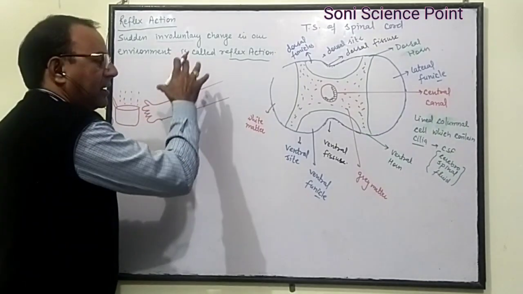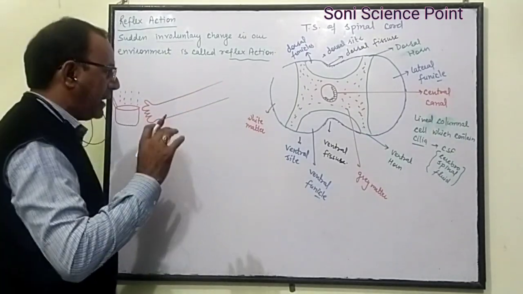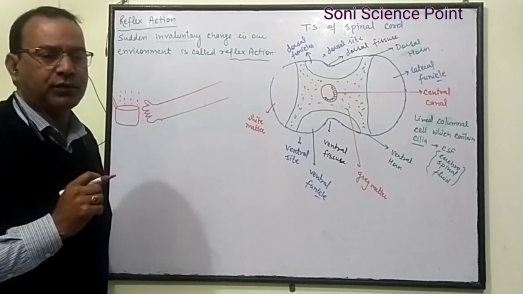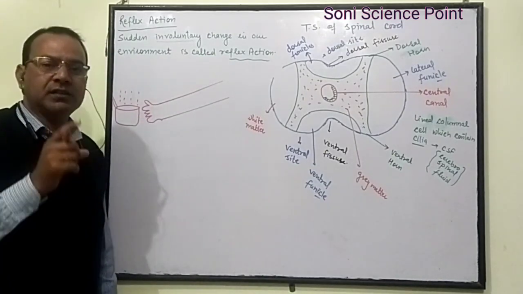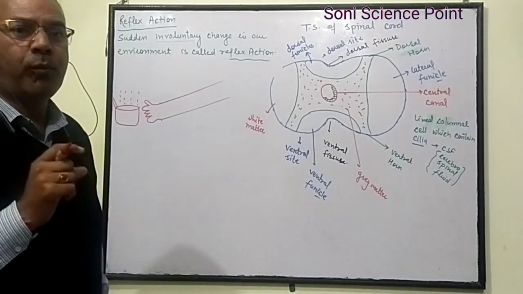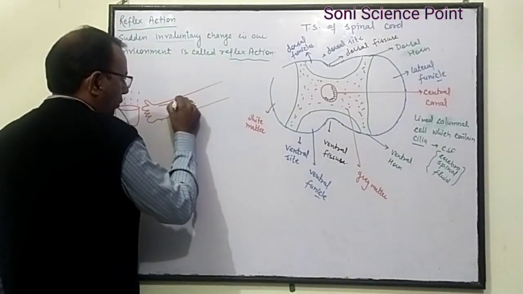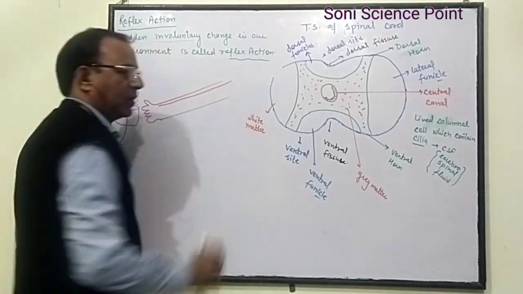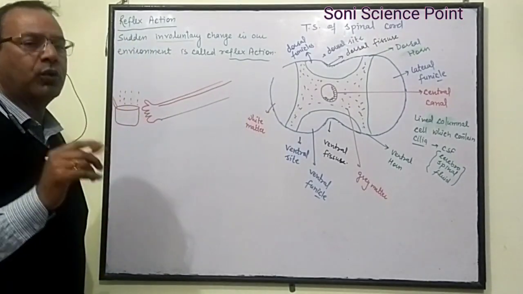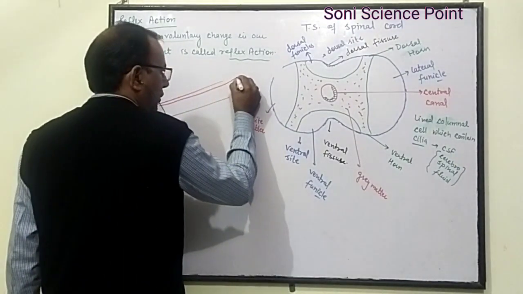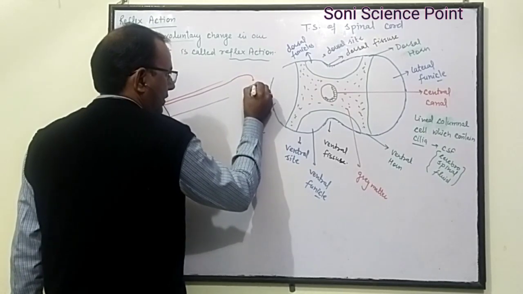How can this action be completed? We have already studied that there are two types of neuron on the basis of function: sensory neuron and motor neuron. The sensory neuron takes the information from the affected part to the spinal cord, that is, to the CNS.